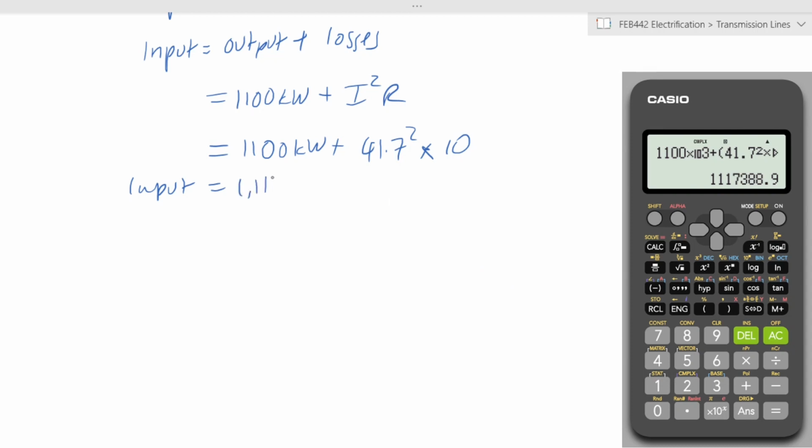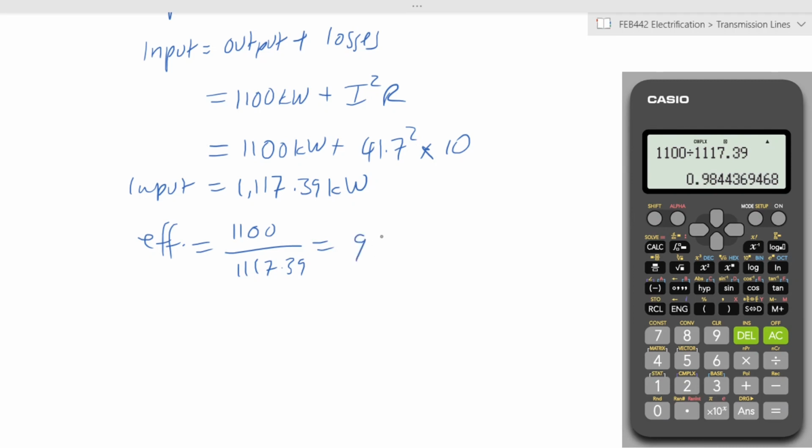So 1,117.39 kilowatts. So our efficiency is equal to our output, which is 1100, over 1117.39. And that gives us 98.44% efficiency.